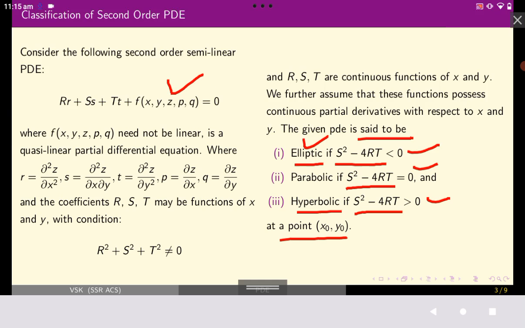So whenever you have these types of equations, and you are told to classify them into elliptic, parabolic and hyperbolic form, you compare and find the values of R, S, T, which are the coefficients of small r, small s and small t, and accordingly you decide whether it is elliptic, parabolic or hyperbolic.